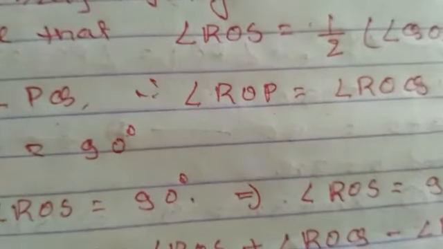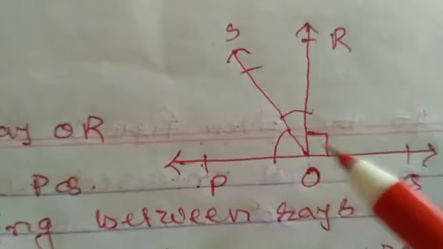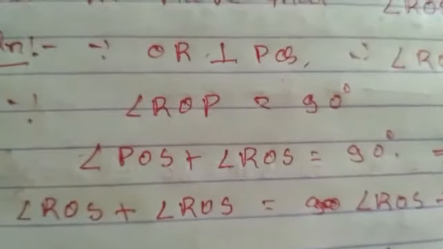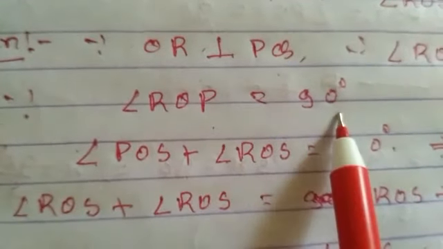So now we'll see in the figure that in angle ROP we can see that there are two different angles being formed. One angle is angle POS and the other angle is angle ROS. So we can write angle POS plus angle ROS equals angle ROP from the figure. We have angle ROP equals 90 degrees.